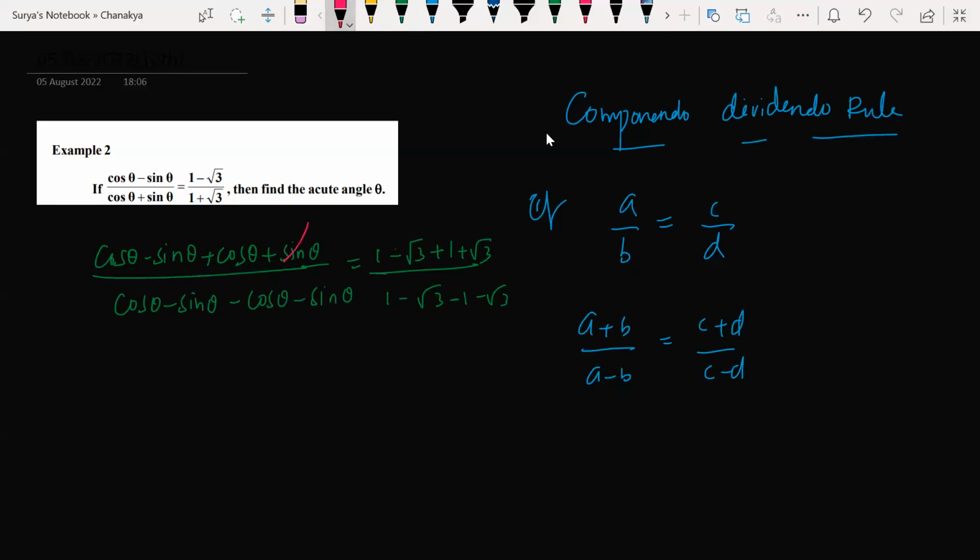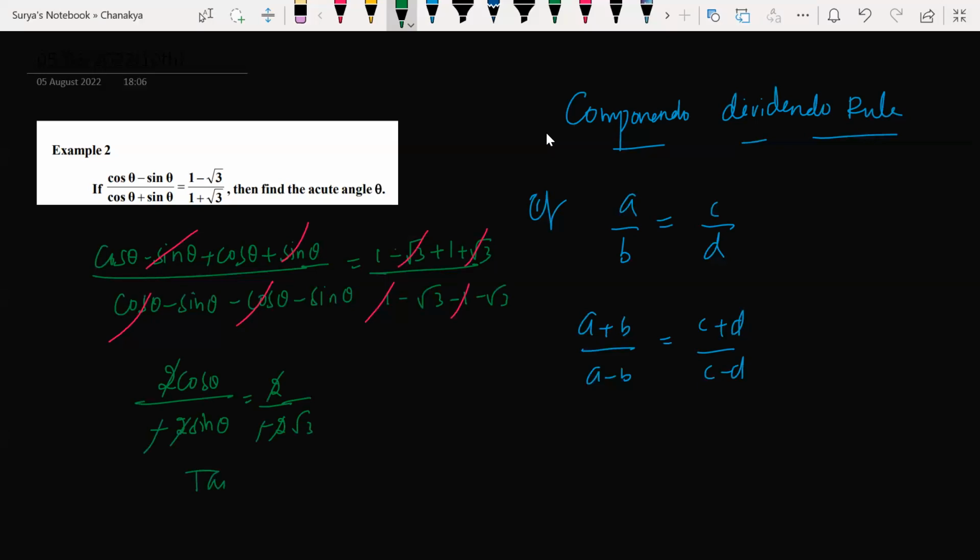Now the sin theta terms cancel, and root 3 minus root 3 and 1 minus 1 cancel. What are we left with? 2 cos theta divided by minus 2 sin theta is equal to 2 by minus 2 root 3. The 2s cancel and the minus signs cancel.